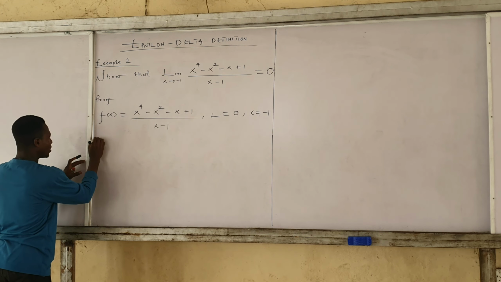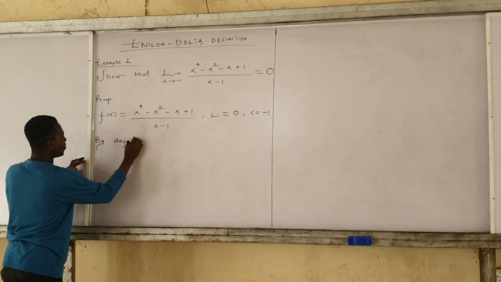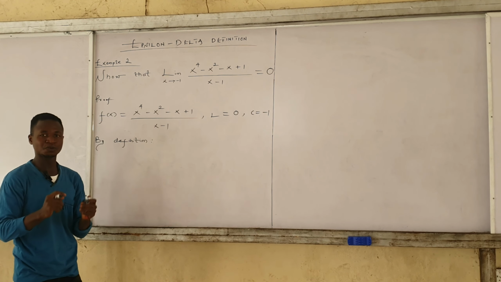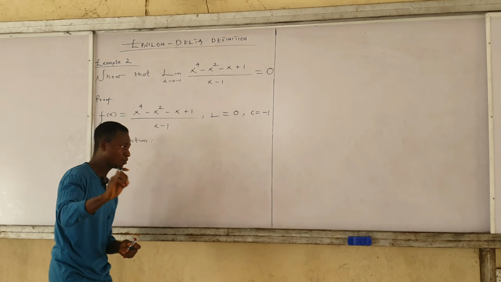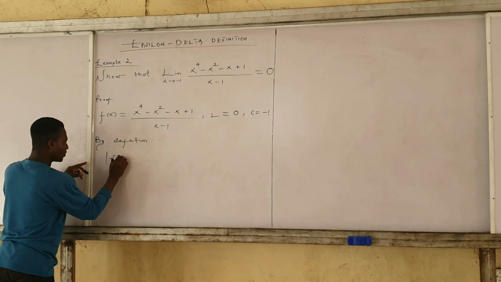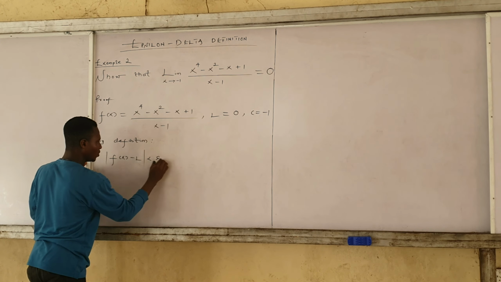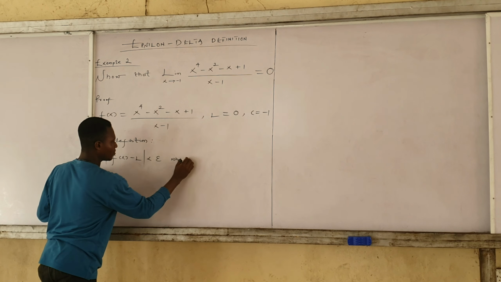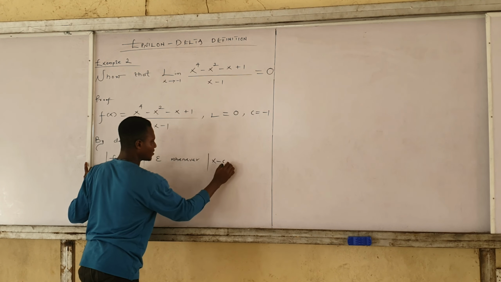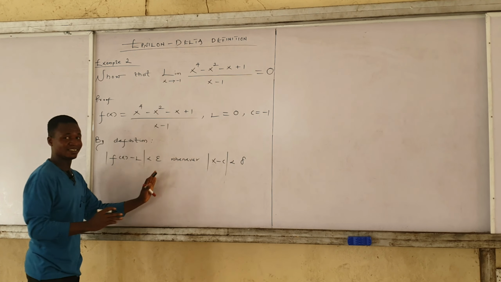So we can go on to say that by definition, given any value of epsilon greater than 0, there should be a value for delta such that the absolute value of f of x minus L is less than epsilon whenever the absolute value of x minus c is less than delta. So this is the definition.